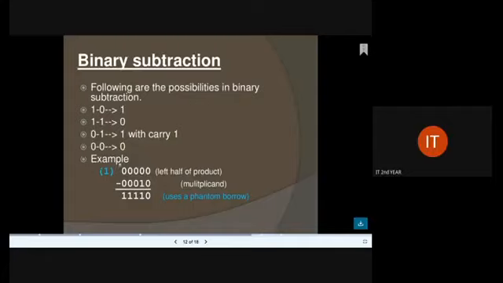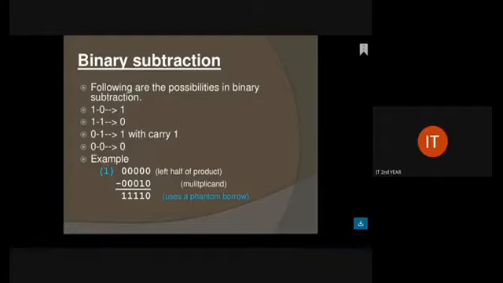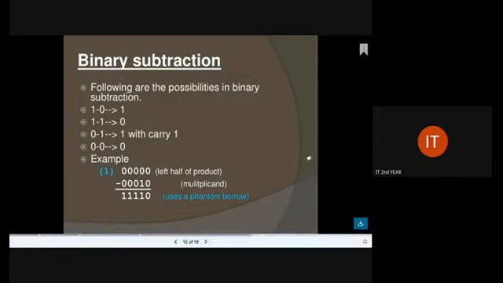For example, we take 00000, five zeros, as the left half of the product, and subtract the multiplicand 00010. While dealing with 0 minus 0 we get 0, and 0 minus 1 we get 1 and a carry bit is generated. This carry bit is carried out until the end, that is, the left end of the product. Finally, one more carry bit will be generated, which we ignore.